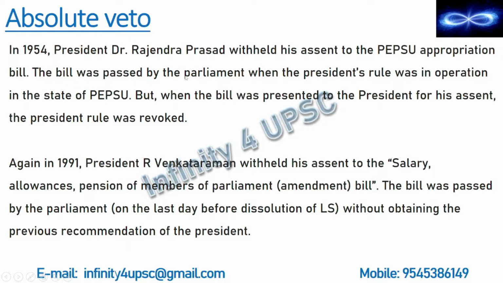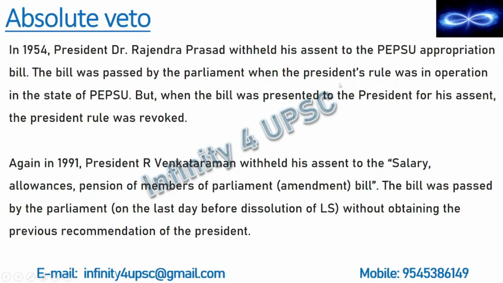The bill was passed by the parliament when the president's rule was in operation in the state of PEPSU. Now we know that in each and every state, the elected government is ruling the state. But sometimes a situation arises where the president will have to rule the state directly. In such a scenario we say that the president's rule is applicable in the state.